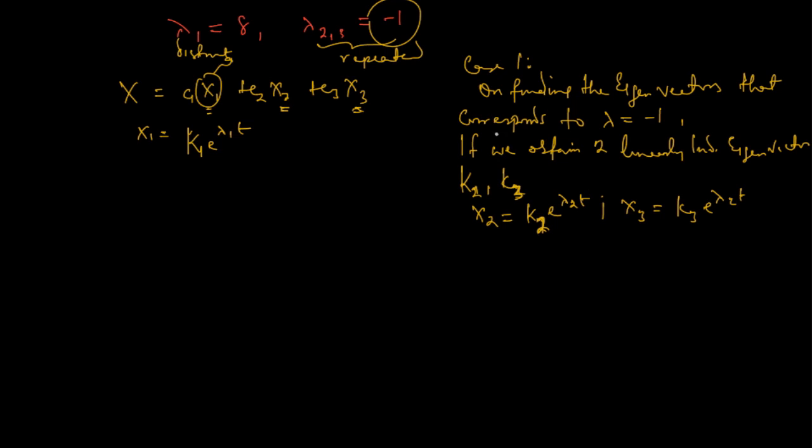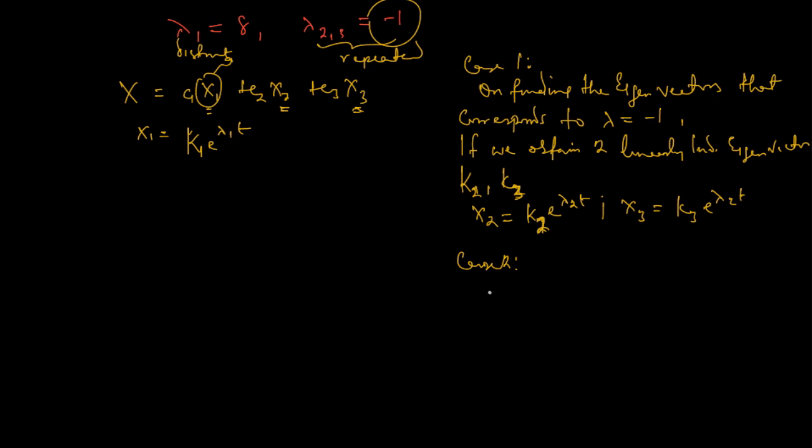But then, if on finding our eigenvectors we obtain just one linearly independent eigenvector that corresponds to the eigenvalue lambda equals -1, that's case 2.